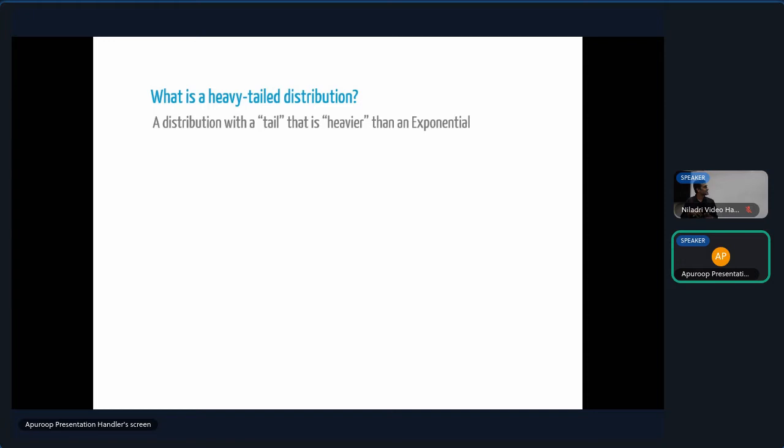So what do I mean by tail? The red curve here is an exponential tail, the blue curve here is a different distribution, and you can see that far out, the probability associated with large values under the blue distribution exceeds that under the exponential red distribution, and that is essentially what we will define heavy tails by. So formally, heavy tails are defined as follows.